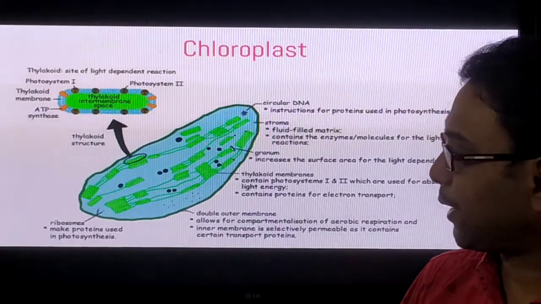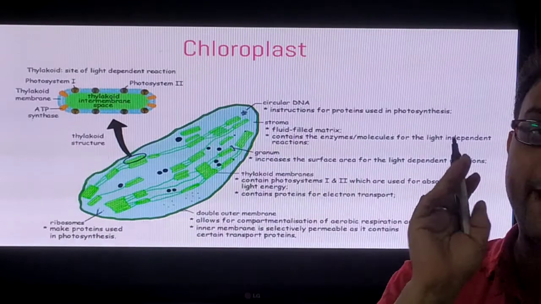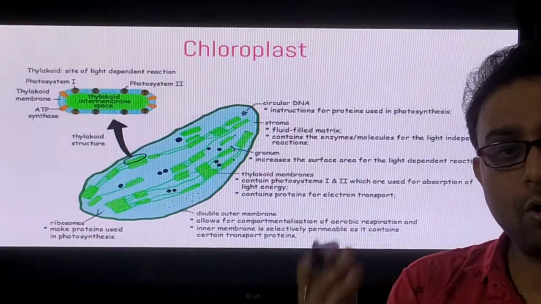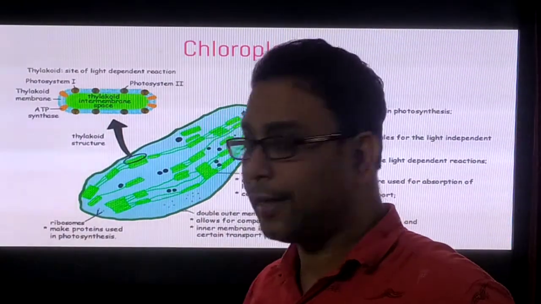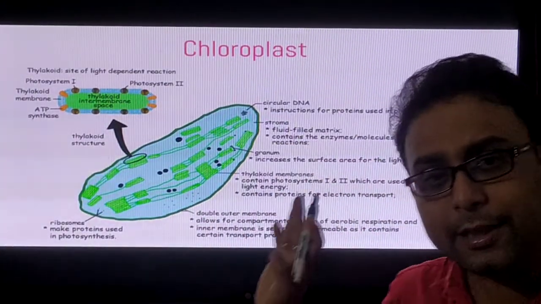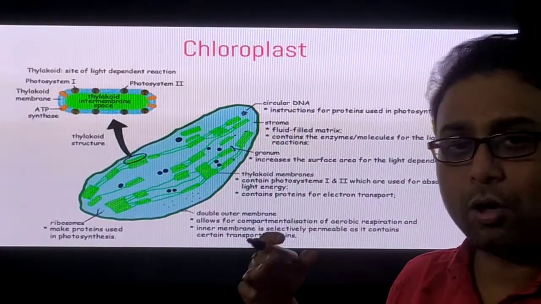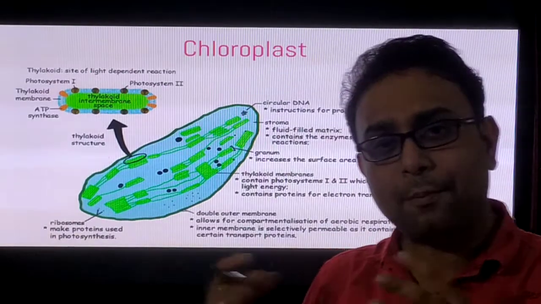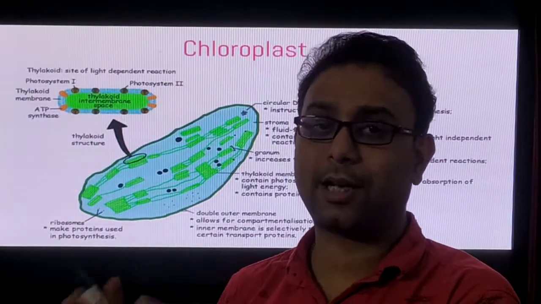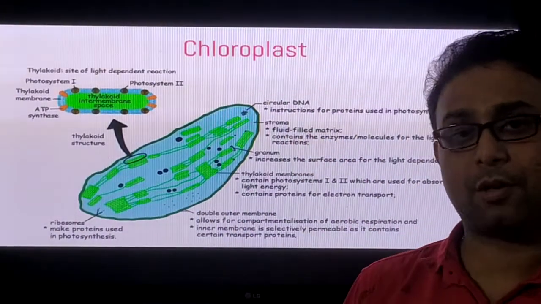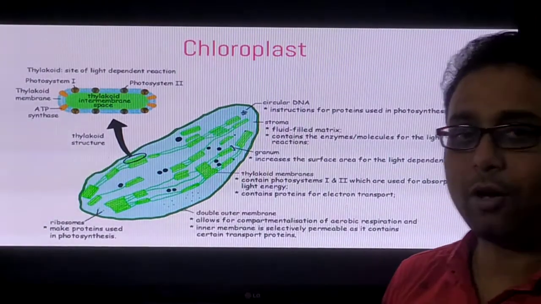In the thylakoid membrane, most importantly, the ATP synthase enzyme, chlorophyll and pigments are all present. A special characteristic feature is that the chloroplast also has circular DNA and some ribosomes, so it can produce its own enzymes without instruction from the nucleus. So they are called semi-autonomous cell organelles.